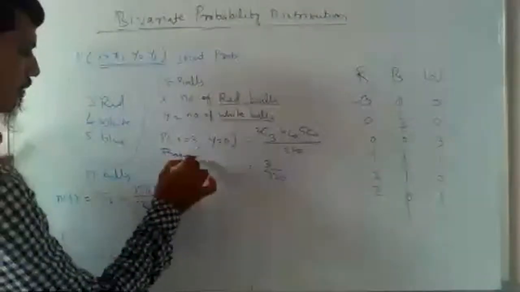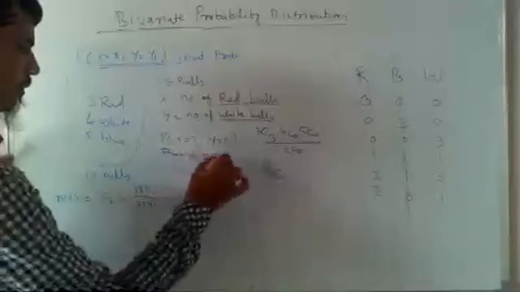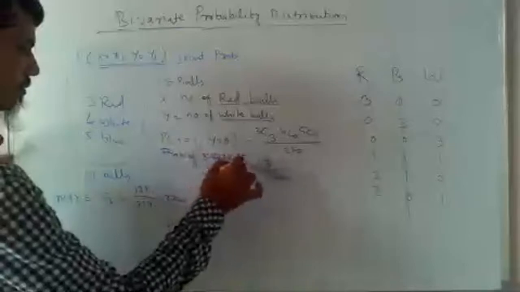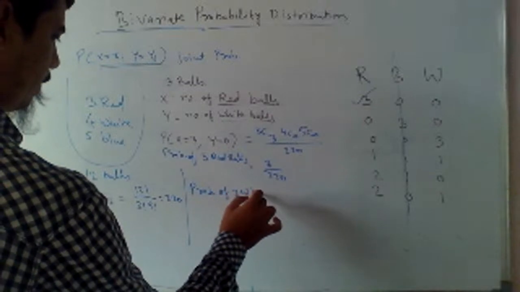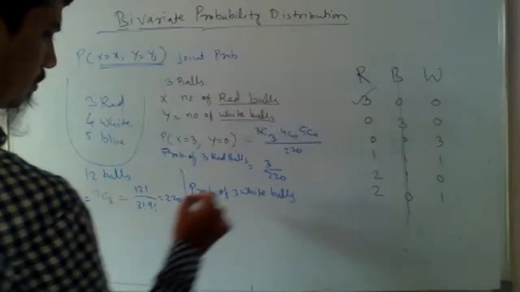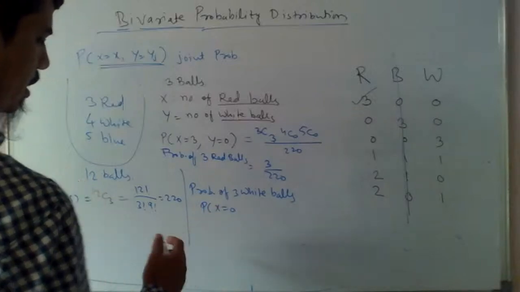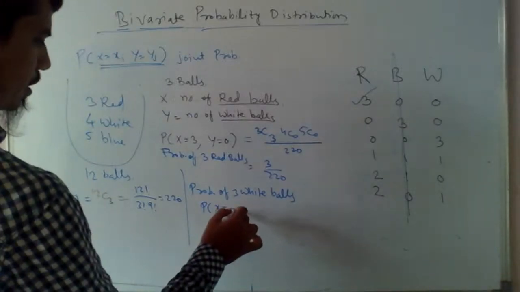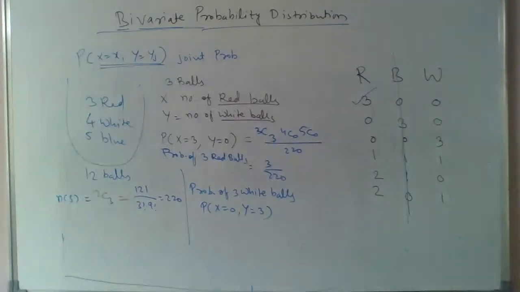That is the probability of getting three white balls, denoted by P of X equal to 0, Y equal to 3. So how can we find this?